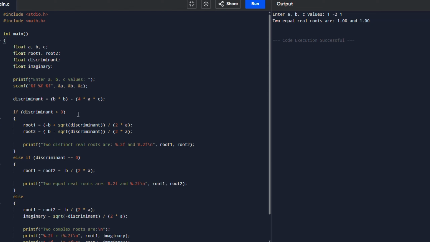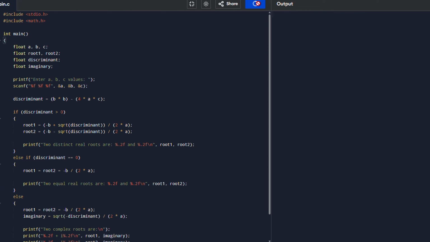The first condition is false, so it came into the second. Here discriminant equals 0, which is true, so it goes into this block and finds the root, which is minus b by 2a. So both the roots are 1, so the output is 1 and 1.